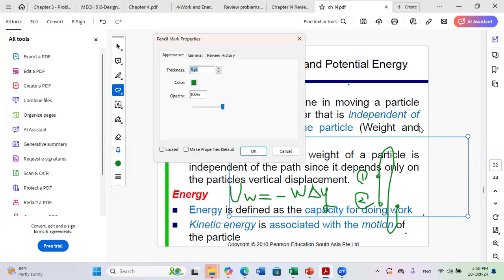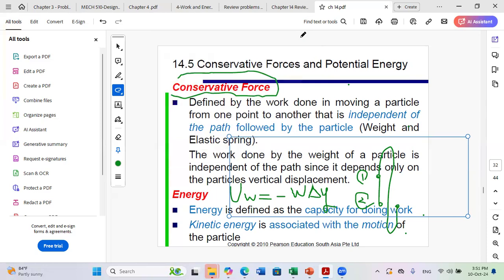So if you move further, you will lose more. Okay, that's why we say the friction is not a conservative force, because I'm losing energy with my path. While for the weight, as long as I start and end at the same location, I can recompensate this energy. While for the friction, I cannot recompensate this energy. Once I lose it, it's lost. Okay, because it's always opposing me.